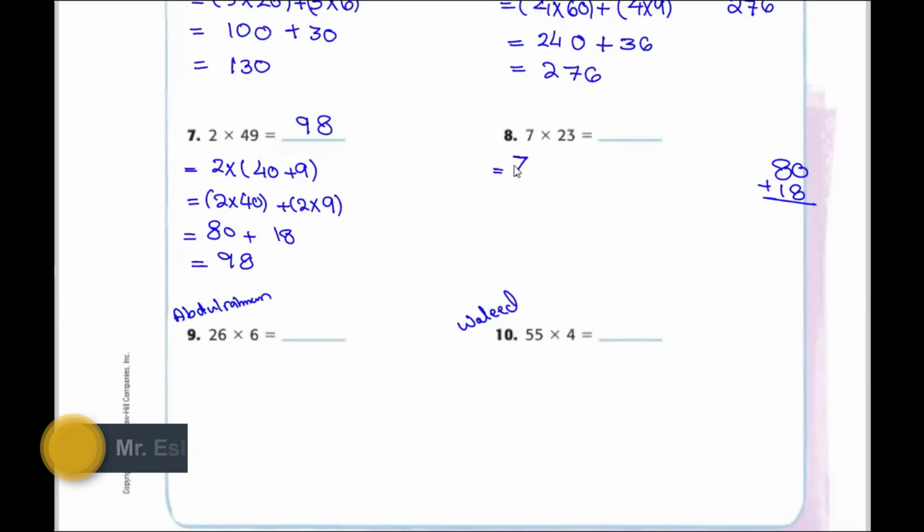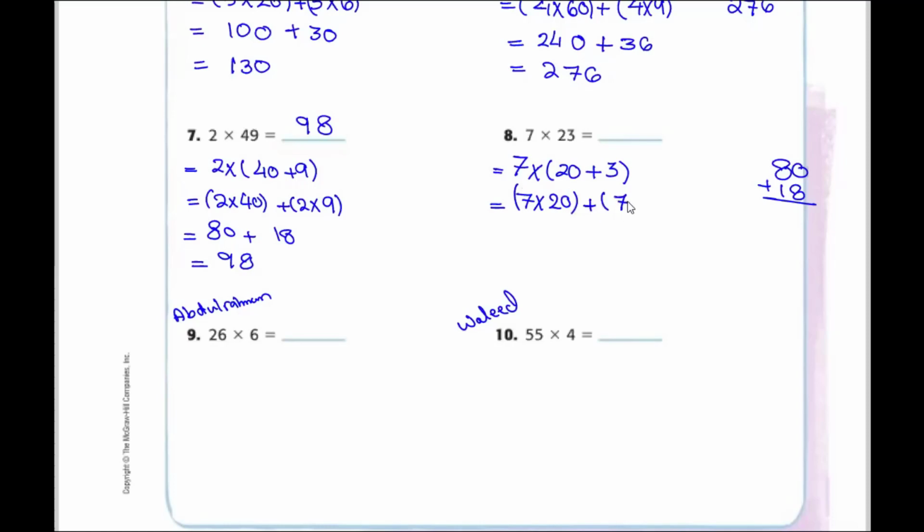So 7 times bracket 20 plus 3, and then 7 times 20 plus 7 times 3. Then the answer for 7 times 2 is 14.